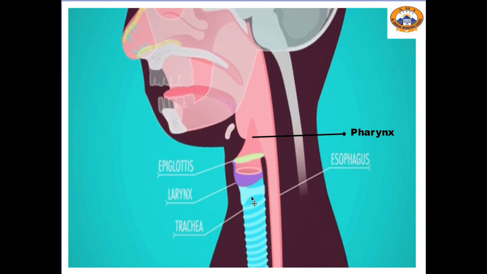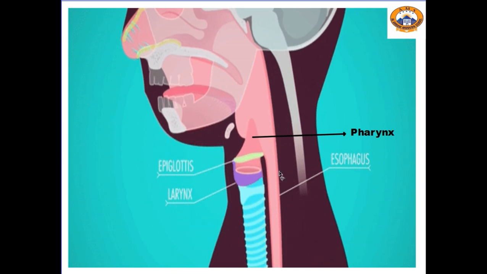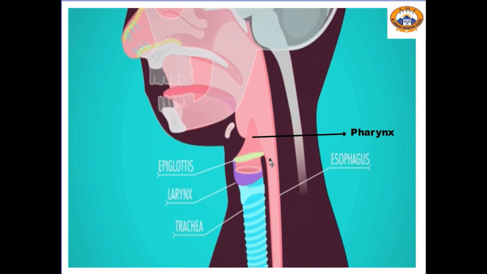You cannot breathe. So the food has to pass through the other way, the esophagus. So what prevents the food from going in through the trachea? The answer is the presence of a gate known as the epiglottis.